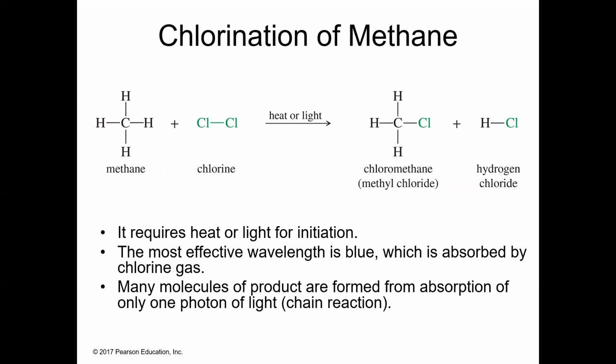Most of the reactions, 90-some%, that we'll be looking at in this course involve asymmetric breaking of bonds. In other words, you have a shared pair of electrons, and when the bond breaks, both electrons go to one side or the other. This is an example of a symmetric breaking of a bond, what we call homolytic.